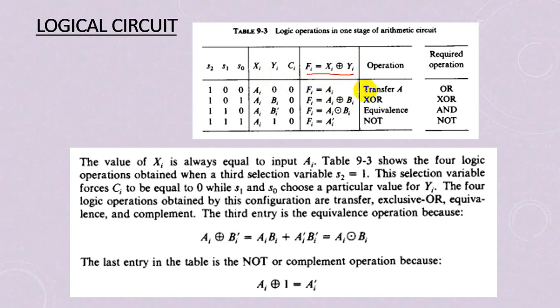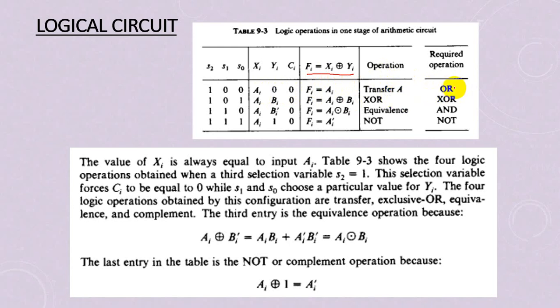But transfer is an arithmetic operation. We want to perform a logic operation. Let's say we want to perform the OR operation. So what are we going to do? We are going to modify the input A in such a way that this same hardware will give us the OR operation, not the transfer operation.